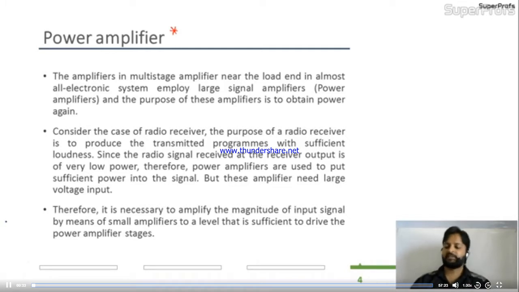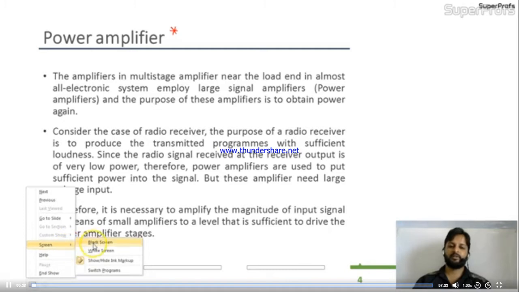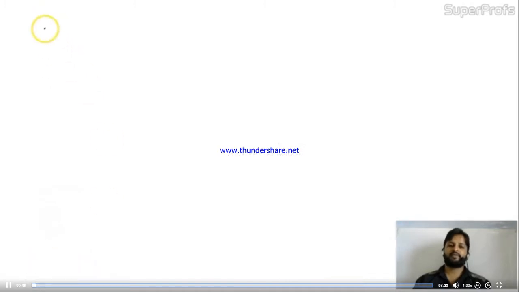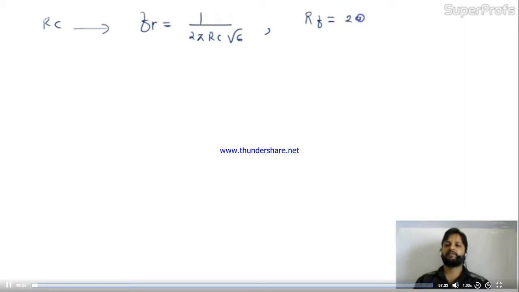So in the oscillator, again, if we'll discuss about the outcomes of all oscillators. First we have seen RC oscillator. In the oscillator, we have seen the frequency of oscillation is nothing but 1 over 2 pi RC root 6. We have seen the relation between RF and Rin, that is 29 R1. Okay friends. This was the first one.